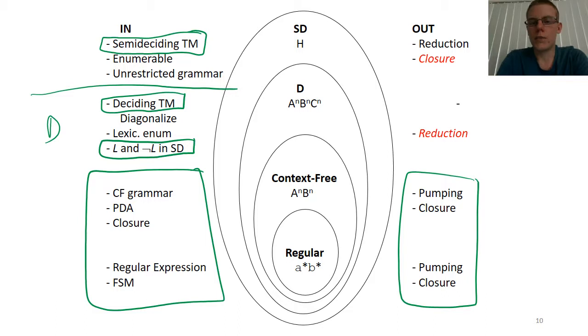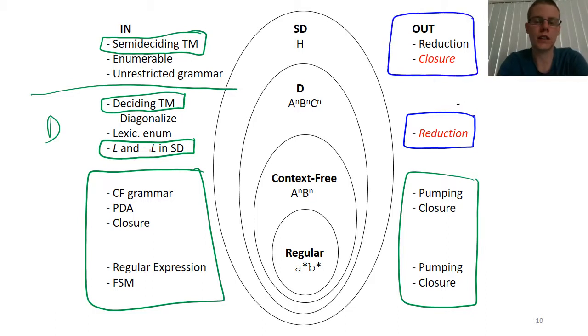Now, the big thing that we did in this video was talk about how to prove that we're not in D, and we did that using reductions, and how to prove that we're not in SD. We did that by either using a semi-decidable reduction proof, or by using the closure properties and showing that the complement of the language we care about is in the semi-decidables minus the decidables.